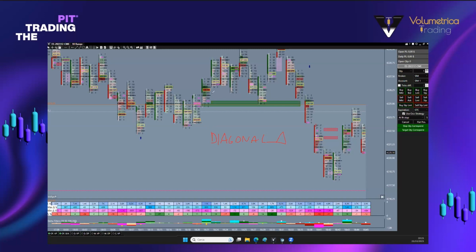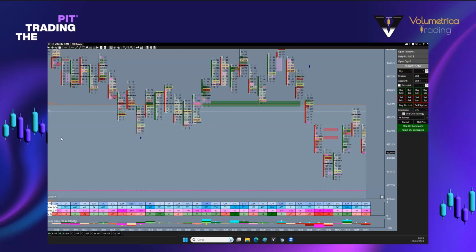Why is it also important to consider delta diagonally within a footprint candle? Well, for a very easy reason. If you remember when we were talking about market microstructure, the market never trades bid and ask at the same time.